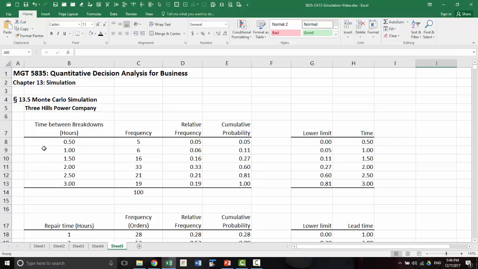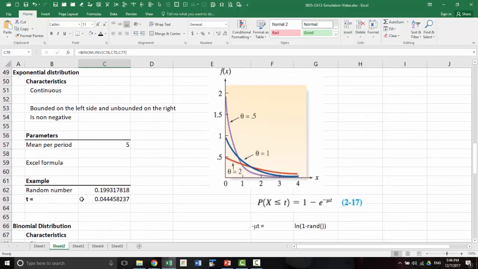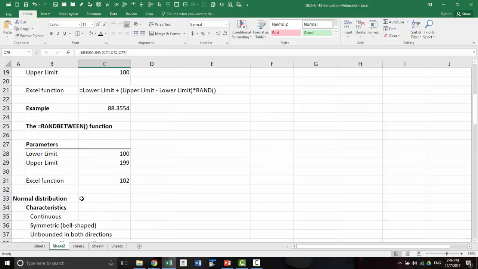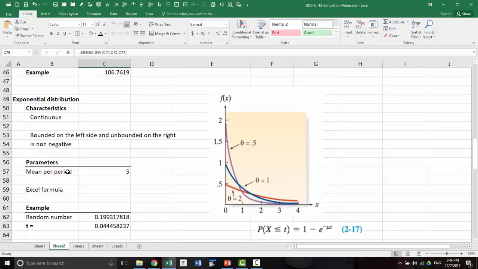Now, of course, if you want to do the time of breakdown using exponential distribution, so remember we did exponential distribution here, did an example of that. Okay, exponential distribution, so we need to have the mean per period. Okay, how many breakdowns occur on average in whatever time period.